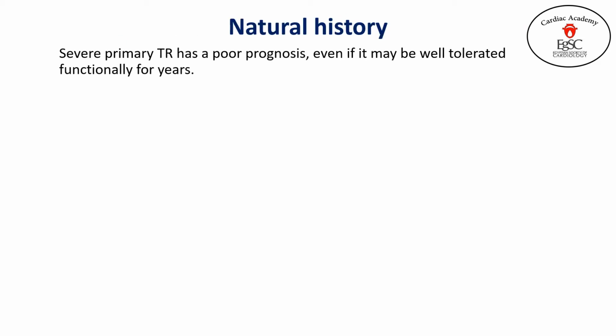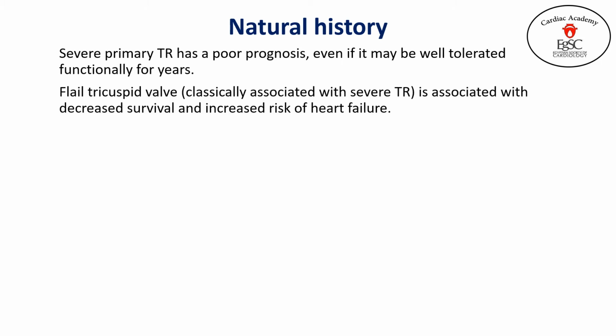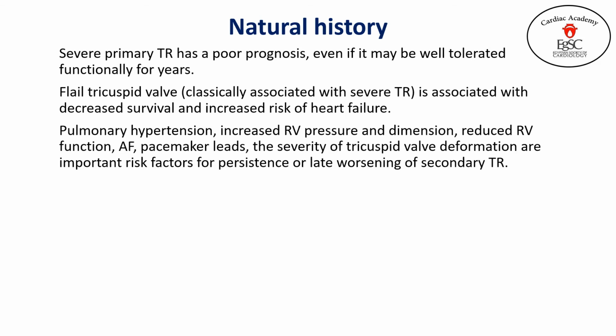The natural history of tricuspid regurgitation. In severe primary tricuspid regurgitation, there is a poor prognosis, even if it may be well tolerated functionally for years. Flail tricuspid valve is associated with decreased survival and increased risk of heart failure.